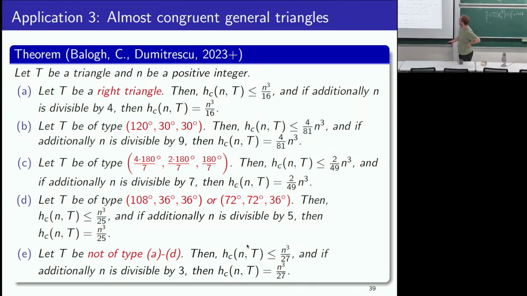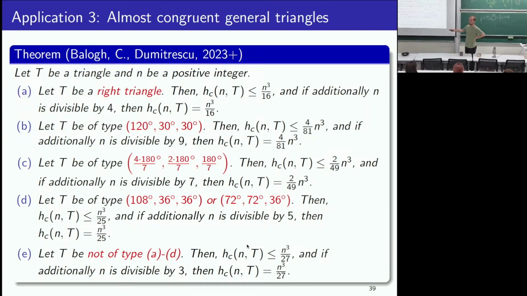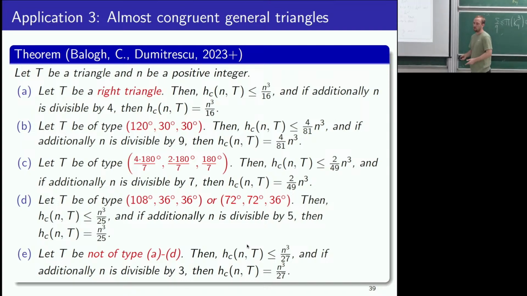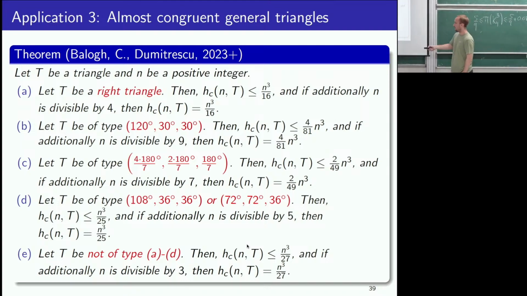Okay. So here, you might think, let's use this case where we get n cubed over 27. Let's attempt the Balogh result about the cancellative hypergraph, so F5 and K4^3, or we just need F5 for the asymptotic result. And then you check the triangles.